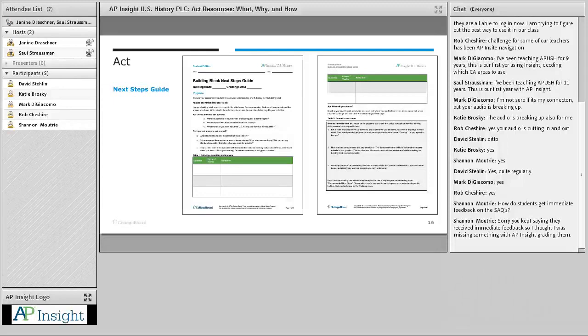So the next steps guide gives students the opportunity to reflect on what they've learned, as well as to commit to the next steps that will help them overcome those misunderstandings. This exercise develops within students the ability to recognize when they struggle and to figure out ways to fill the gaps in their knowledge.